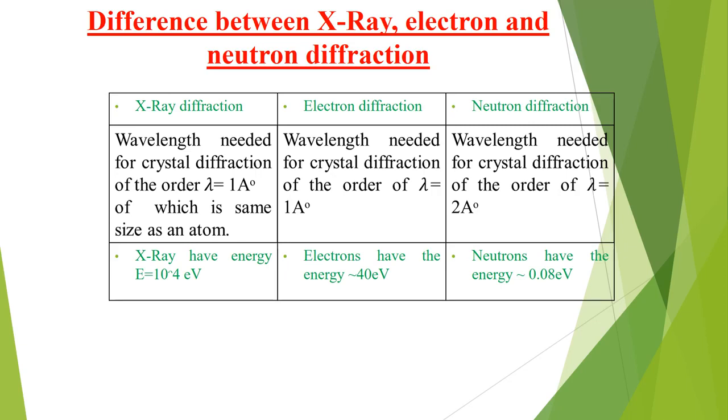Whereas in electron diffraction, the wavelength needed for crystal diffraction is of the order of lambda equal to 1 angstrom, and the electrons have energy of nearly 40 electron volt.